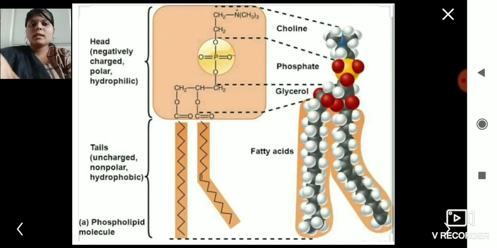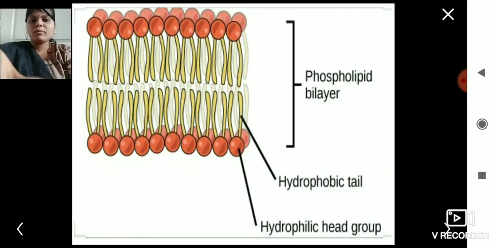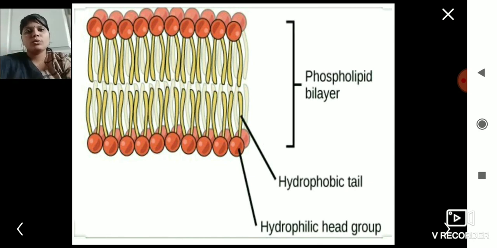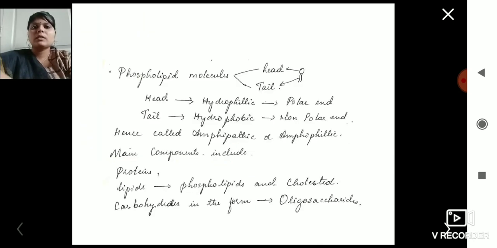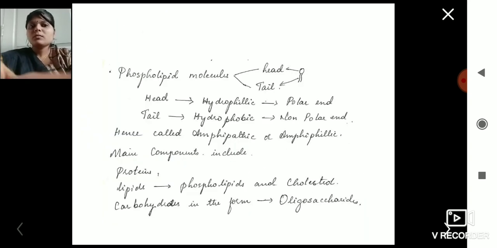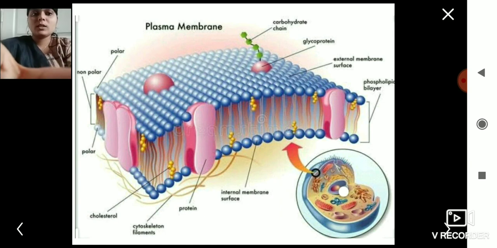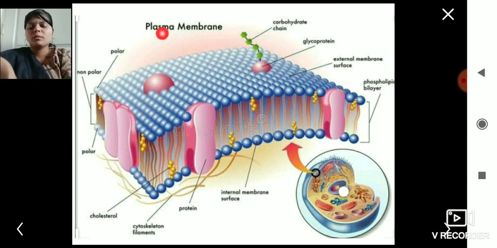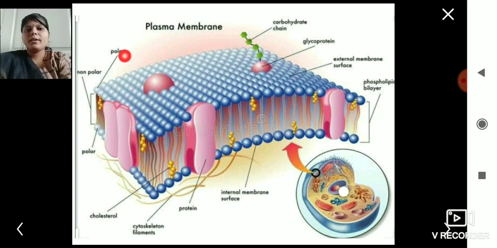So this ends the topic of the plasma membrane and its functions, how it is seen, and how the integral proteins are there. Just a brief recap: the plasma membrane has a polar end and a nonpolar end.